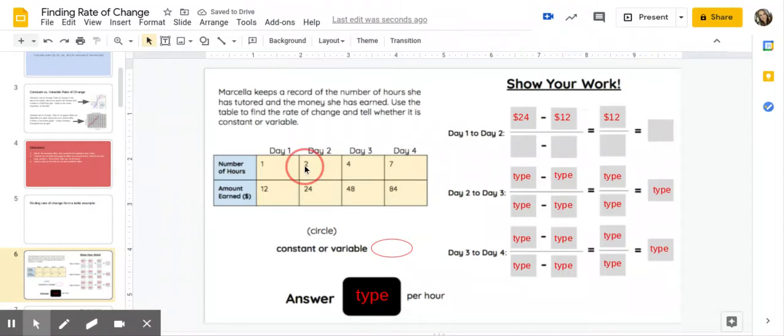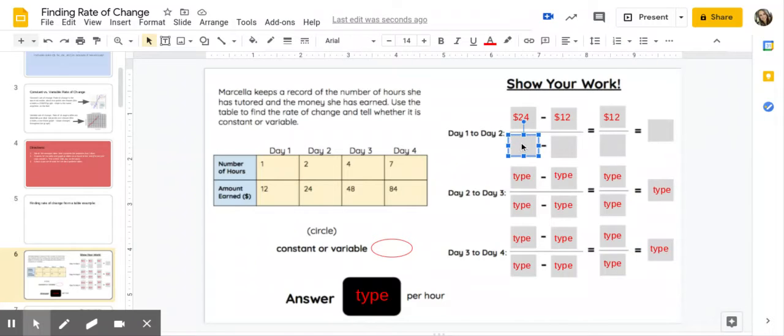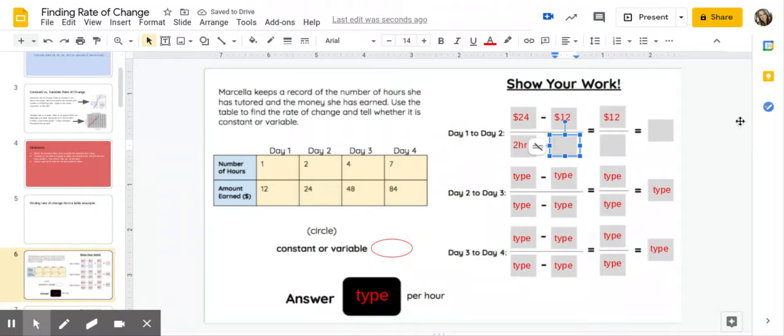And then I'll start with 2 hours on day 2. Then 1 hour on day 1, which is just going to turn into a positive 1 hour. And then 12 divided by 1 stays 12. And I think I'm going to keep that one because I like to see the positives. It makes a little bit more sense here.